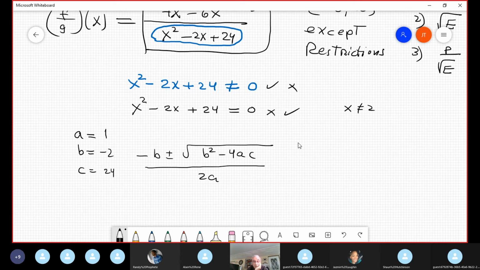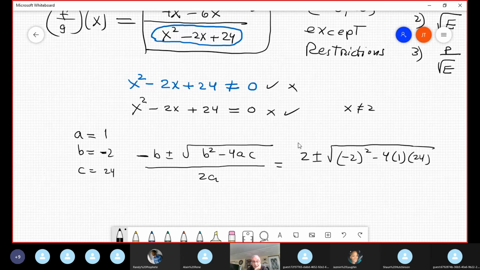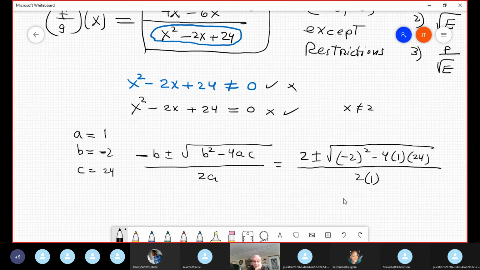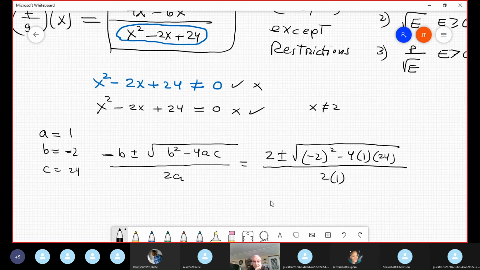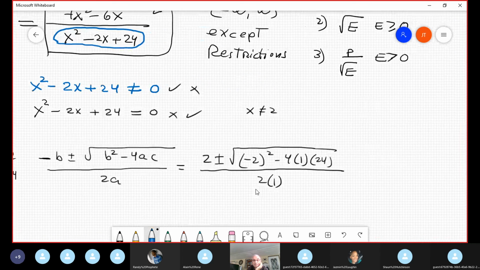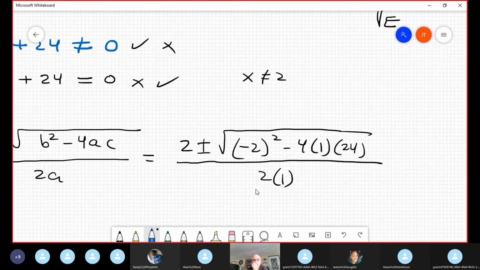It's 2 positive, the double minus again, minus becomes positive. Plus and minus the square root of -2 squared minus 4 times a, which is 1, times c, which is 24, divided by 2 times 1. Okay, and we focus on the operation inside the radical. Let me zoom. Here, over there.